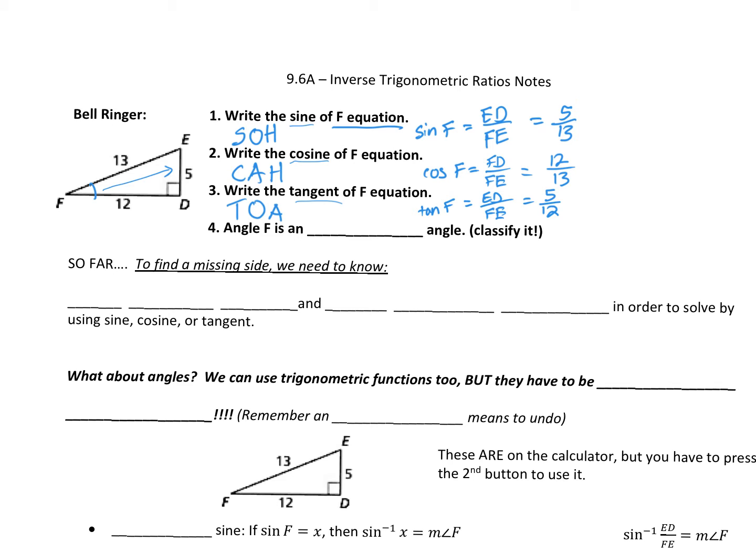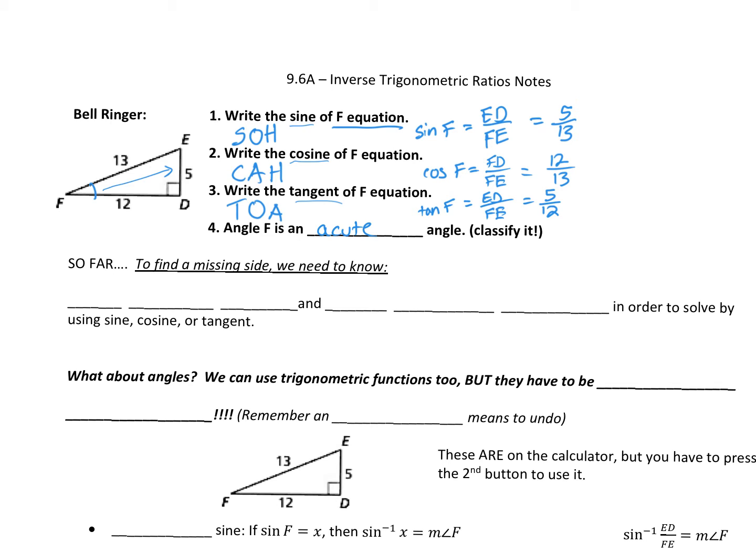Angle F is an acute angle. That's the type of angle F is. It's smaller because we have a right triangle. All the other angles are going to be acute angles.